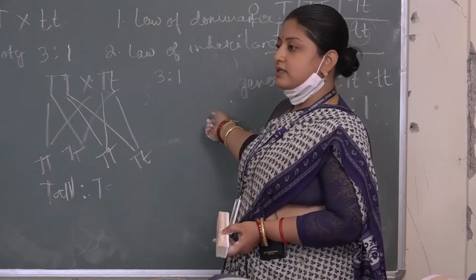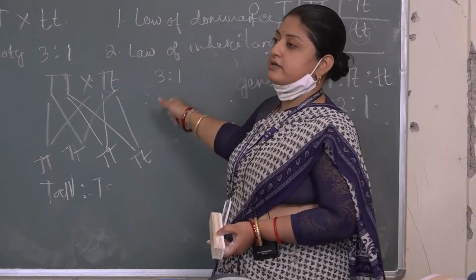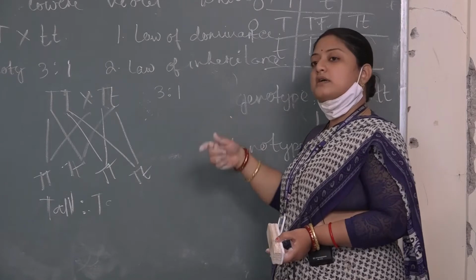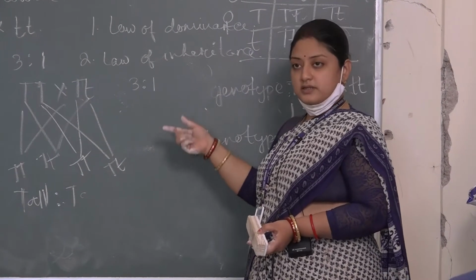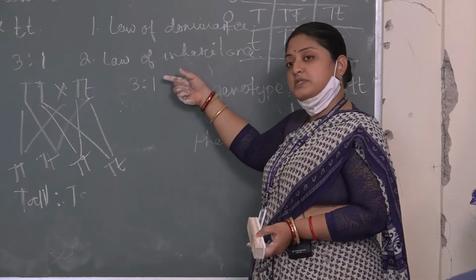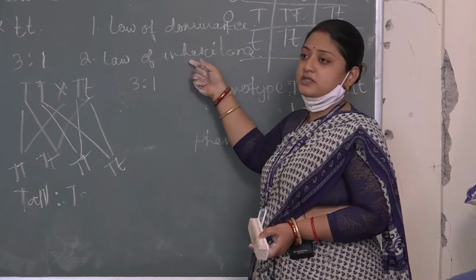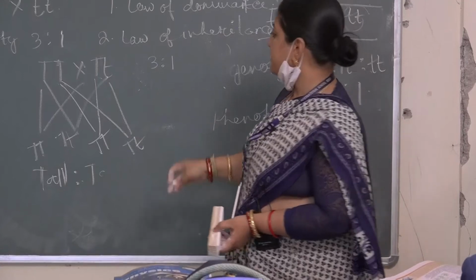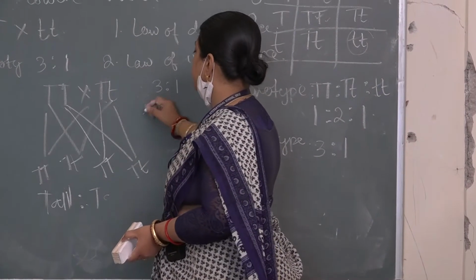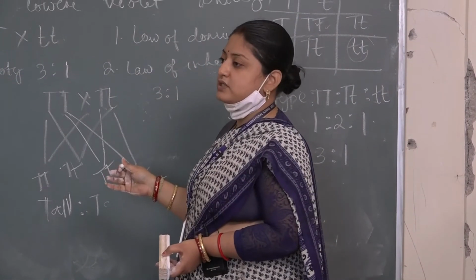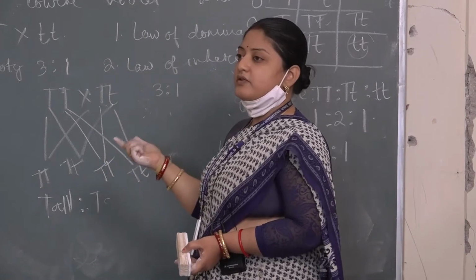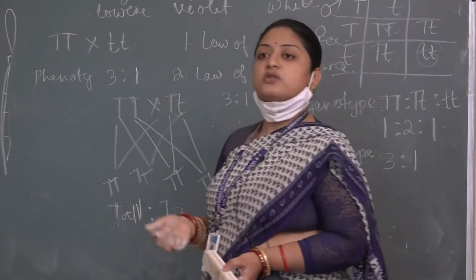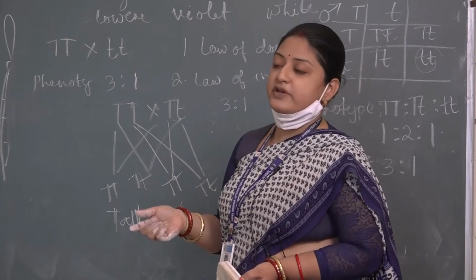So this suggests that every character or every gene is going to be reproduced in the next generation. If it is expressed in the F1 generation, that suggests your law of dominance. But either in the F1 generation or in the generation after it, the recessive character, small t, may be expressed. So that suggests your law of inheritance.